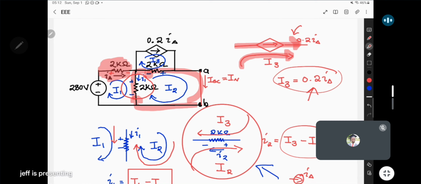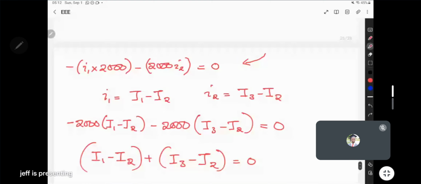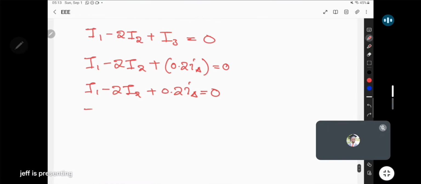But because the current passing here is only affected by mesh 1, it implies that the branch current there is actually the same as the mesh current. So I delta is equal to mesh current I1. Based on that, this expression can now reduce to I1, and while we have I delta, we'll now put mesh current I1.